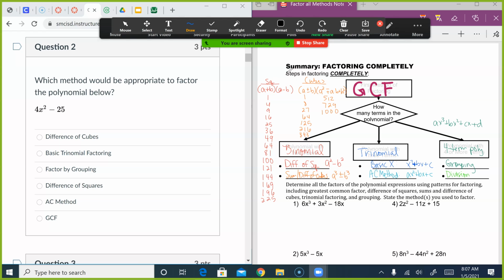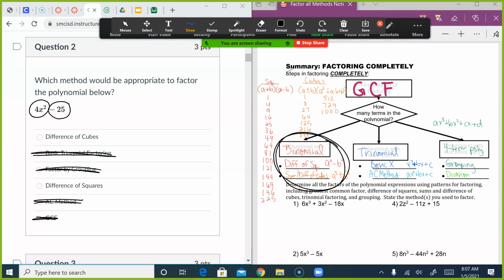Since there are 1, 2 terms, I'm in the binomial situation. So it's going to be one of these: either difference of squares, sum of cubes, or difference of cubes. So it's not going to be basic, it's not going to be grouping, it's not going to be AC, it's not going to be GCF because there's no GCF. So it's either cubes or squares.